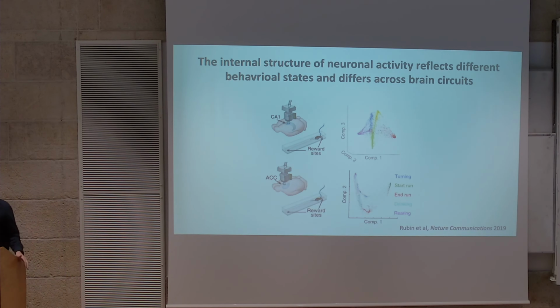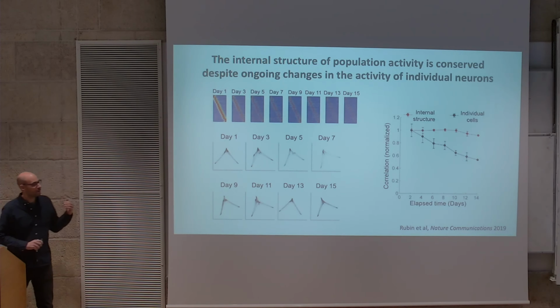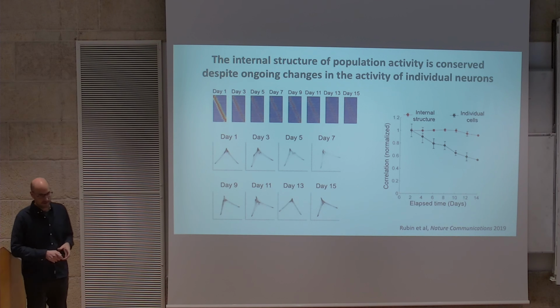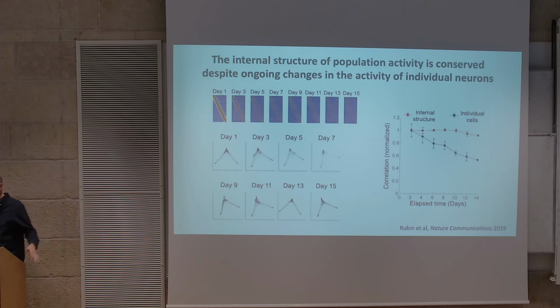But in the context of the discussion we're having now, what we found is that despite the ongoing changes in the activity patterns of individual neurons, this is again the linear track, the internal structure of neuronal population activity was conserved over time. So this is from the linear track, in a familiar linear track, no behavior level memory here.